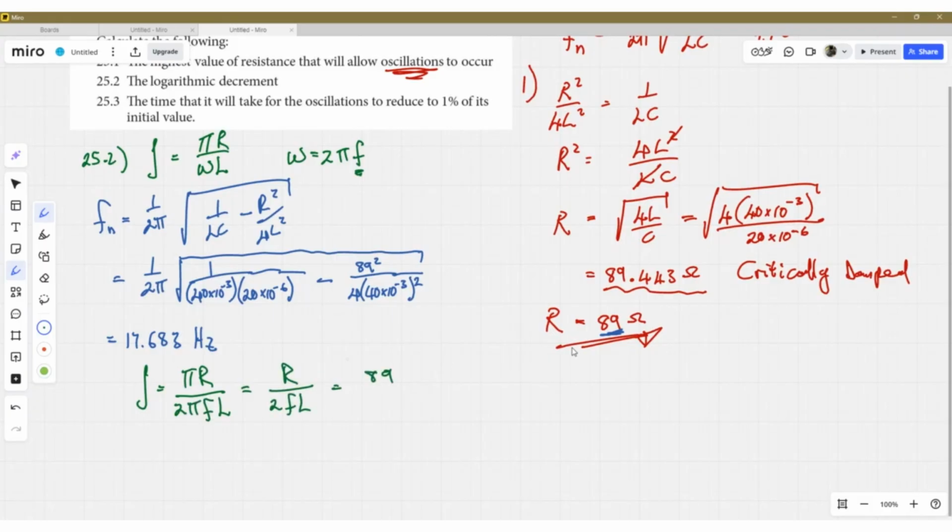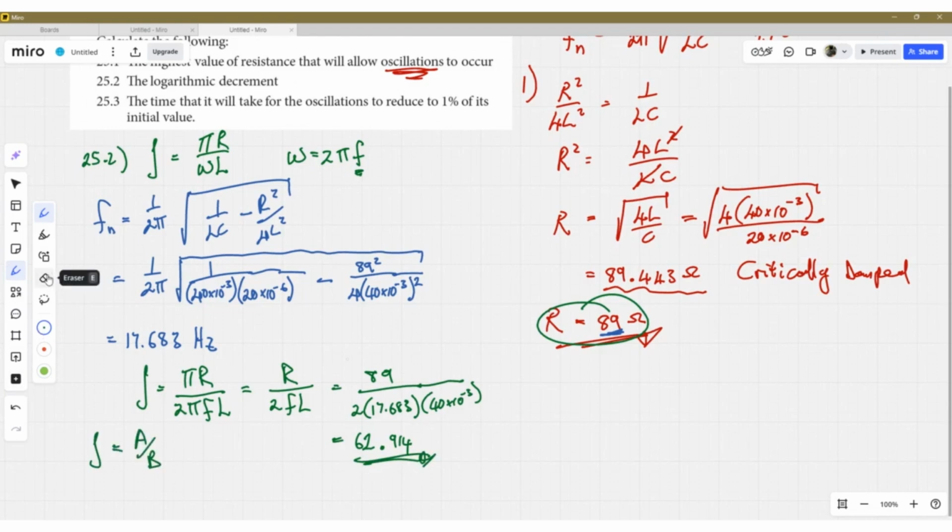That's 89 over 2 times 17.683 hertz times 40 times 10 to the minus 3. That gives us a logarithmic decrement of 62.914. This has no unit, because the logarithmic decrement is essentially just a ratio of peaks.